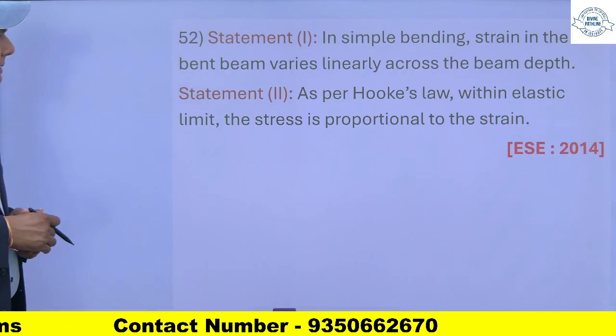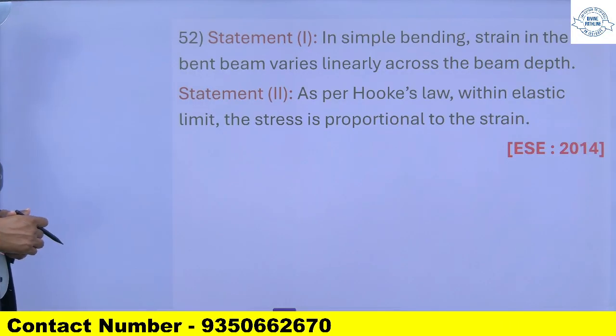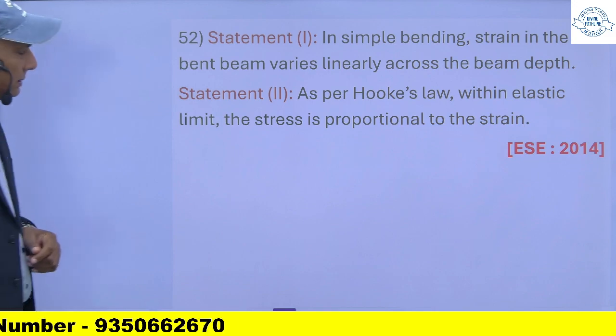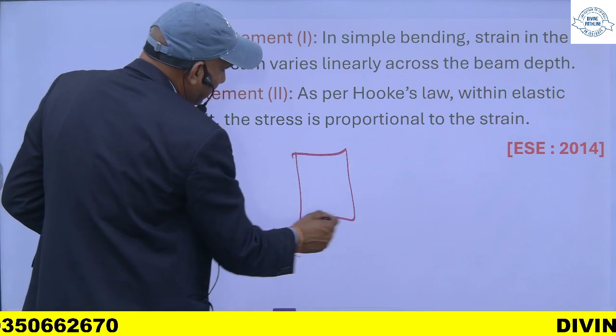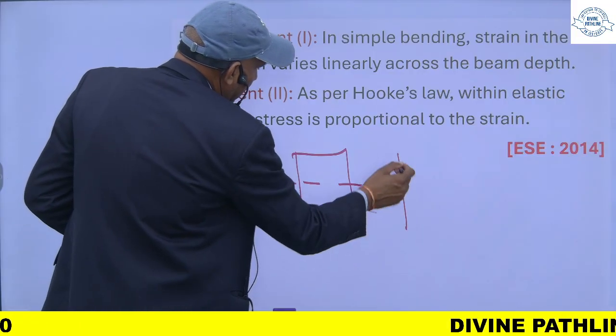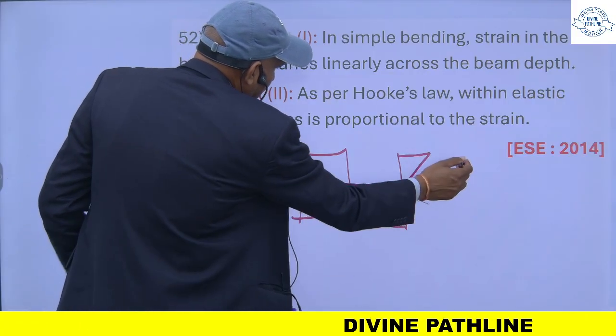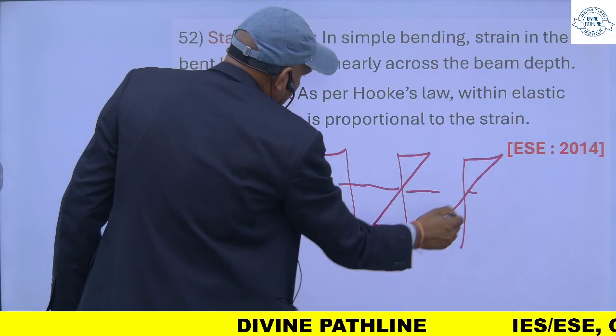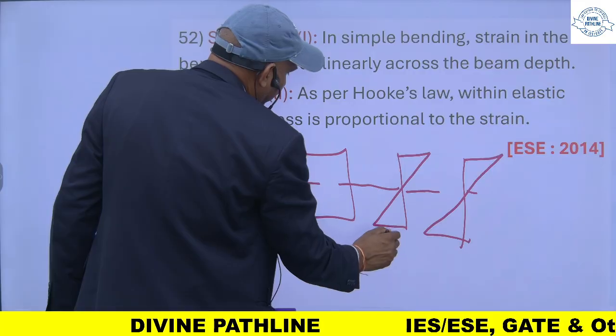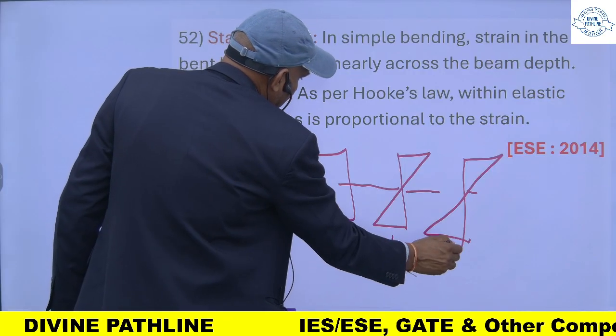In simple bending, strain in the bent beam varies linearly across the beam depth. Yes. If this is a beam, then my stress and strain will be like this. So this is the strain diagram and this is the stress diagram.